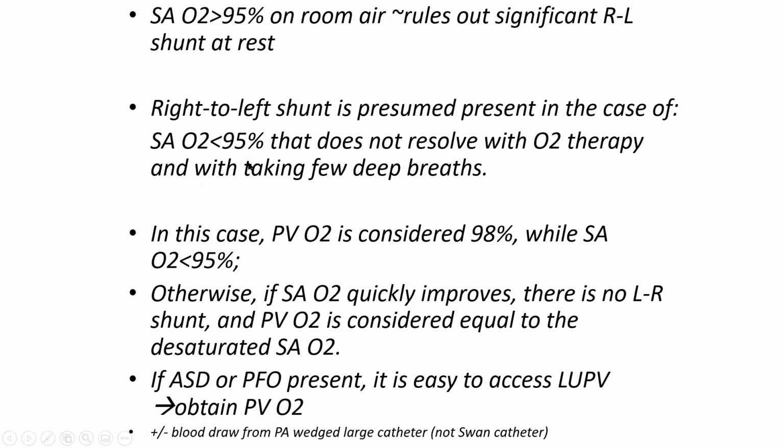So when the arterial sat is due to right to left shunt, we consider the pulmonary venous O2 as 98%, and the arterial sat as a step down, 92%, 88, whatever it is. Okay. And you can directly sample the left upper pulmonary vein in patients with ASD or PFO relatively easily. That's always an option as well. Definitely an important option in complex cases.